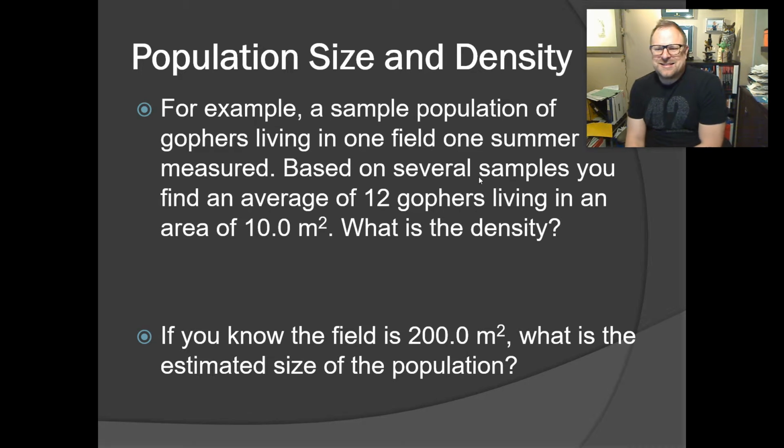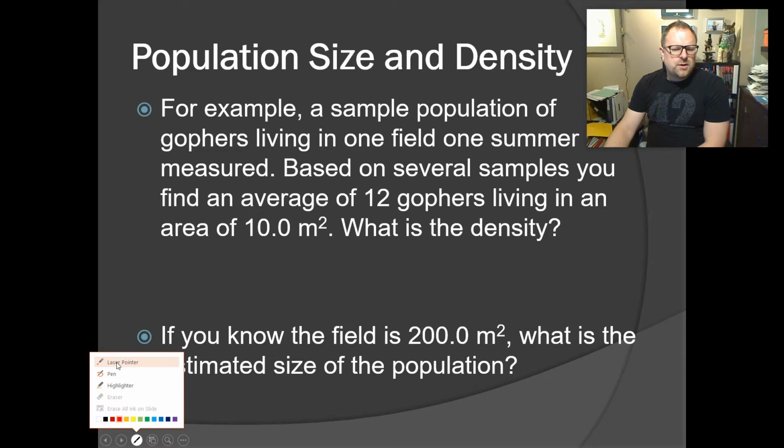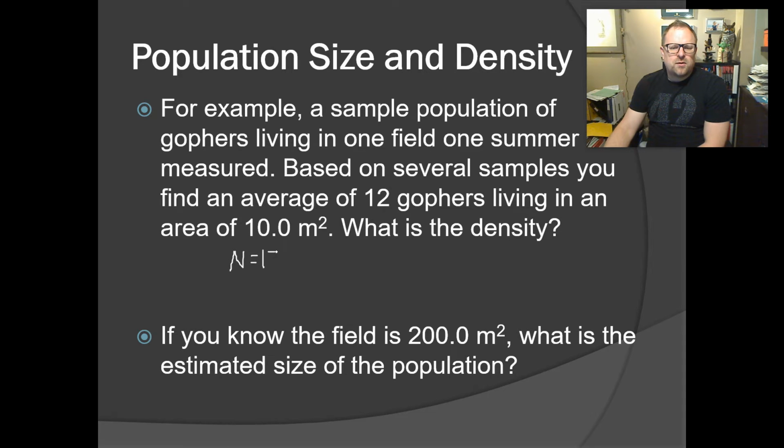What is the density? So all you're going to do, and I can write this out if you guys want, is take the number of gophers, so n is equal to 12, and your area in this case is 10 meters squared.